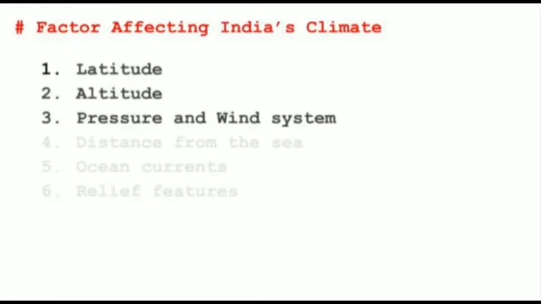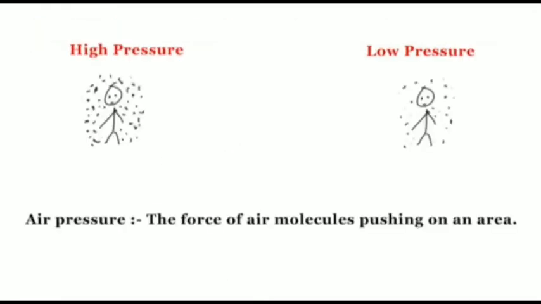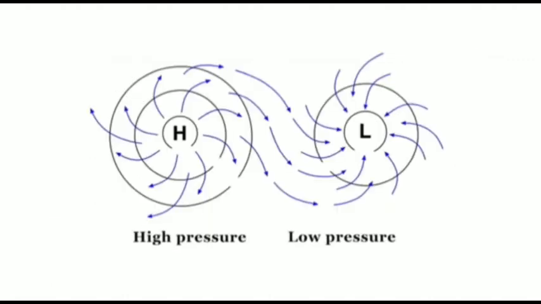The third factor is pressure and wind system. On earth, we see always high and low pressure systems. Always remember, air moves from high pressure area to low pressure area.